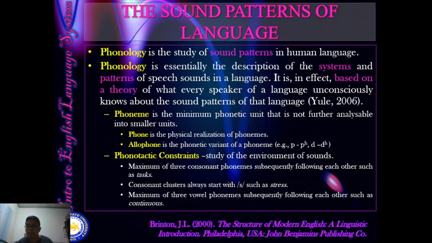Now, at the same time, class, we also have the phonotactic constraints, or the study of the environment of sounds, which later on we'll get to see how phonotactic constraints, or the phonetic environments, go by with each other. Maximum of 3 consonant phonemes, subsequently following each other, such as tasks.